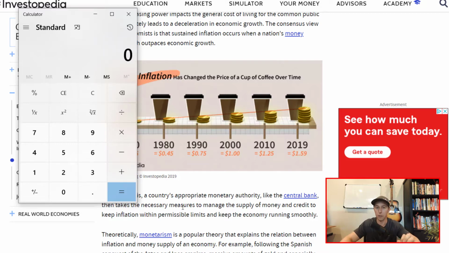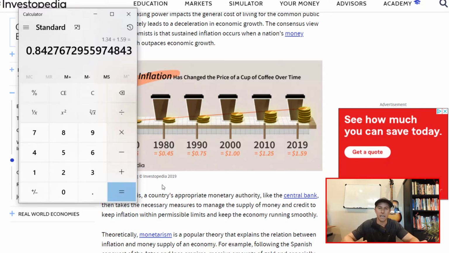Now, to calculate the loss of purchasing power, we would take the cost of the cup of coffee in 2019, which is $1.59. We would subtract the original cost in 1970 of 25 cents. That provides us with a $1.34 price difference. And then we would divide that by the 2019 price of a cup of coffee.